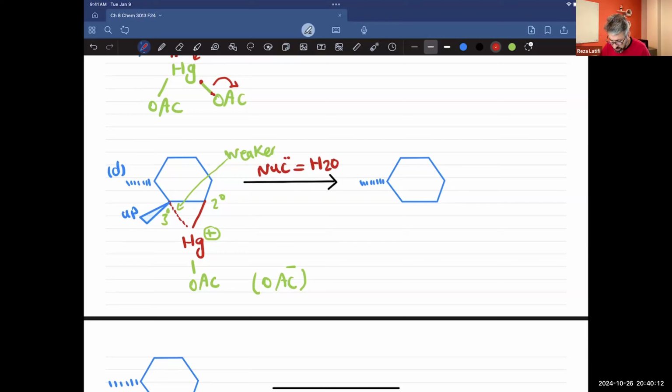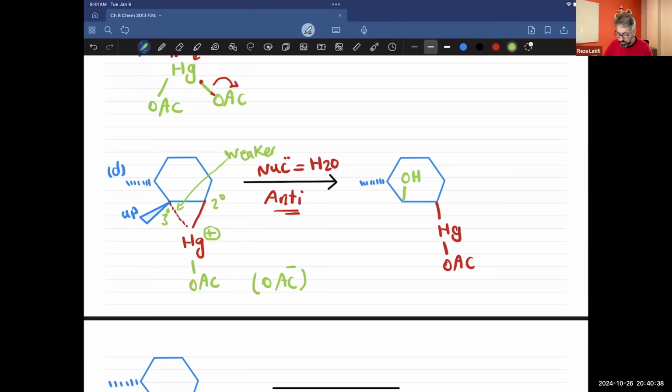Water is going to attack the carbon from the opposite direction. So addition is going to be anti. Addition of the nucleophile will be anti. We have the mercury down here, so I'm going to draw the mercury down there attached to OAc, and OH will show up on the top.